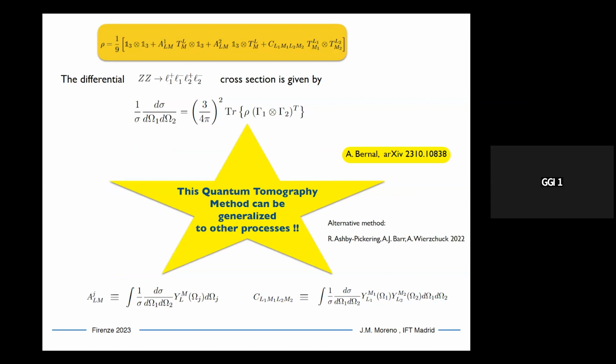So this procedure will generalize, and it will be very easy to extract the coefficients just applying this kind of technique. For example, if you have three particles and you want to study three-particle correlations, then you should extract the information with 3 spherical harmonics. This method is explained very well in the article by Alexander Bernal that is shown here.